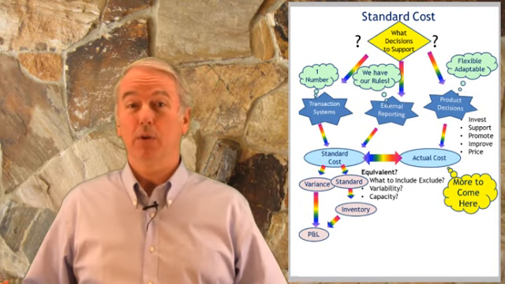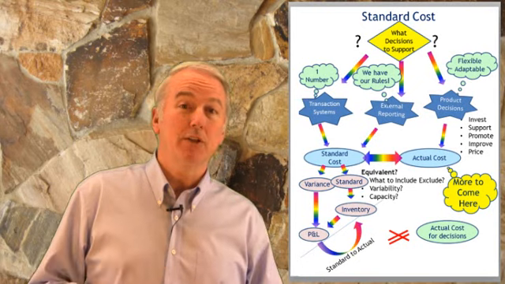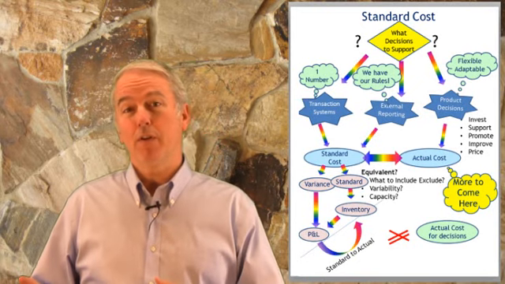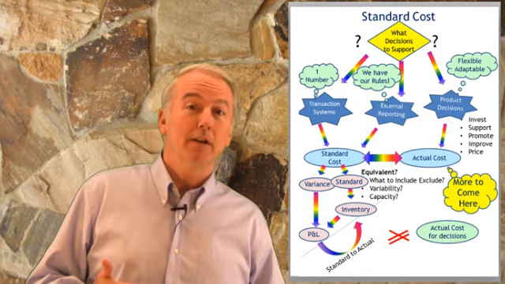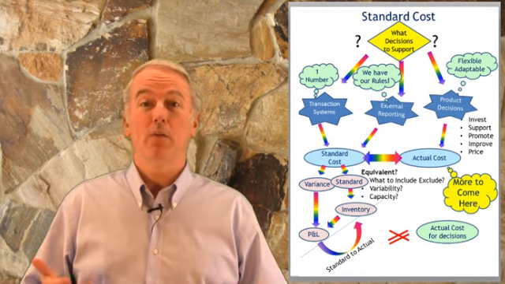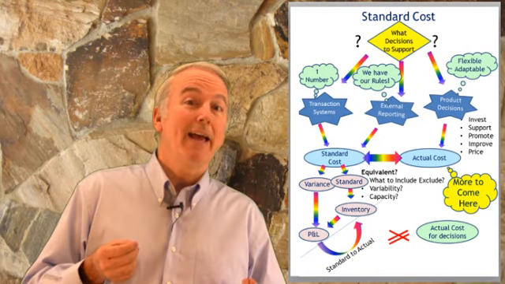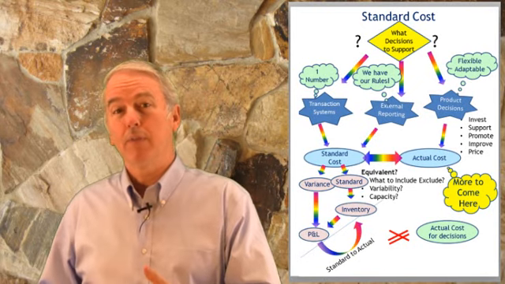How is this accomplished? The accepted practice is to do a simple calculation which prorates variances to product costs. This standard to actual calculation converts standard costs to actual costs for final reporting. This is acceptable and adequate for external reporting.